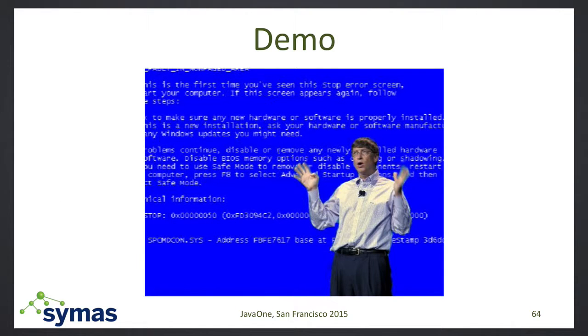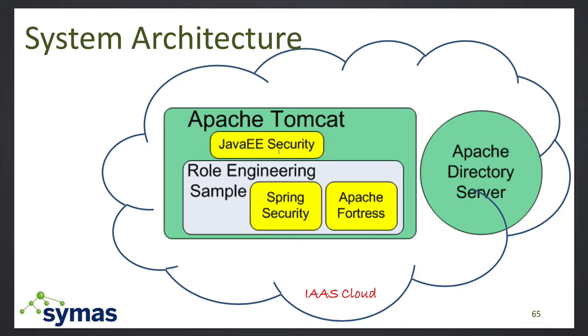Demo time. I'm going to show you the role engineering sample that I talked about earlier. That is really the use case that we just covered, inside of a very simple Java web application that uses the Apache Wicket framework.